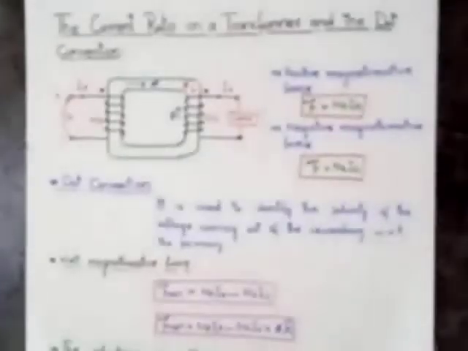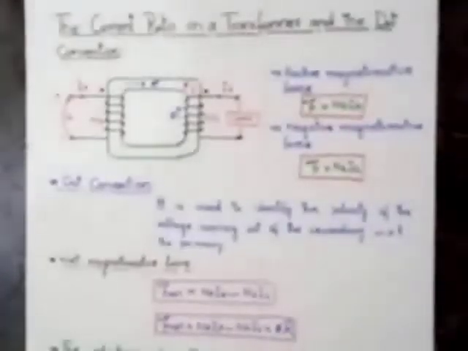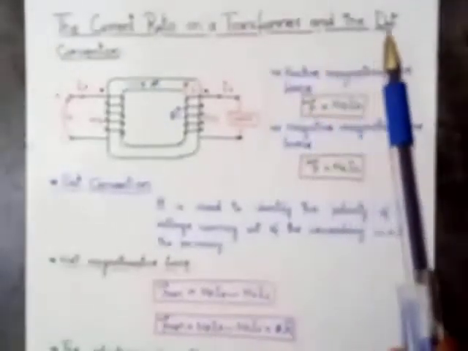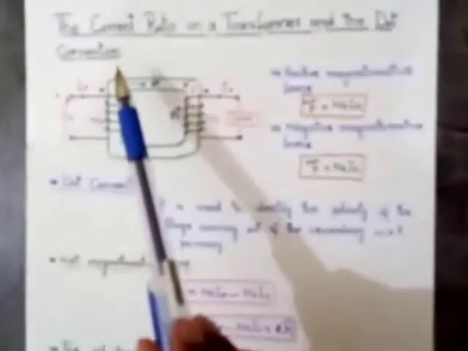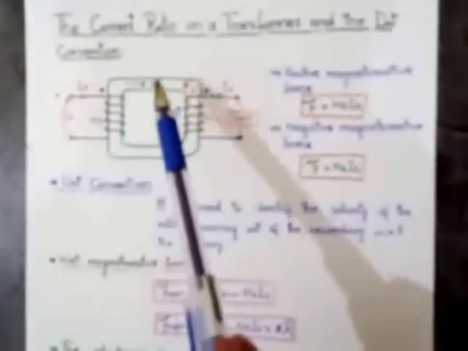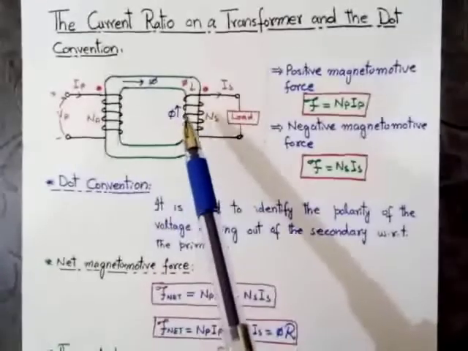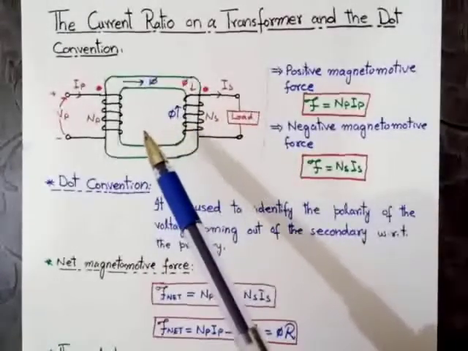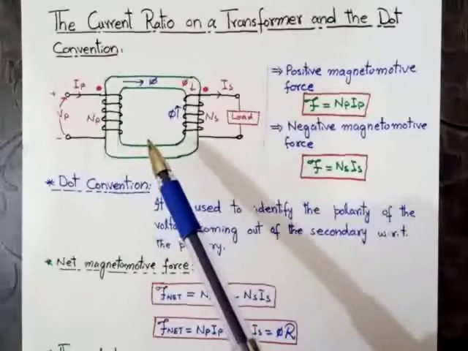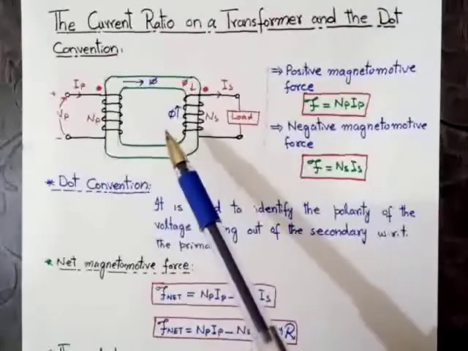Now we will discuss the current ratio on a transformer and the dot convention. Normally we mostly use the core type transformer. As you can see in this figure, the diagram of a core type transformer is shown here.